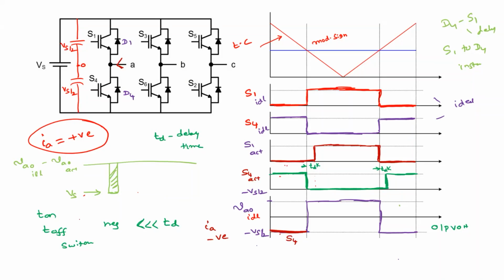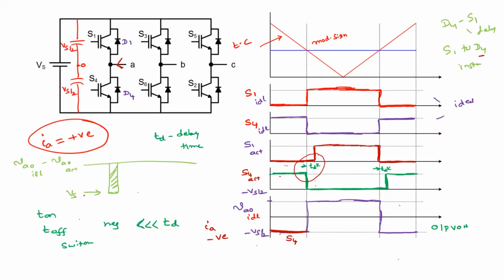Now during this period both switches are turned off. Which one is supposed to conduct? D1. So S4 is off, the switch S4 is off. The incoming device is D1.